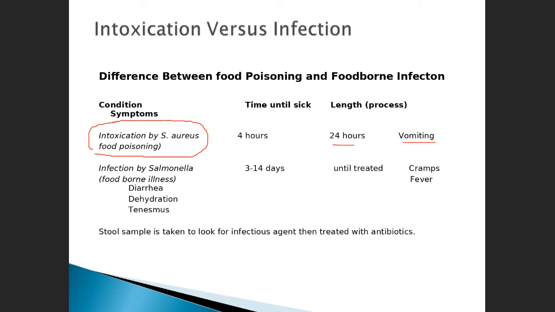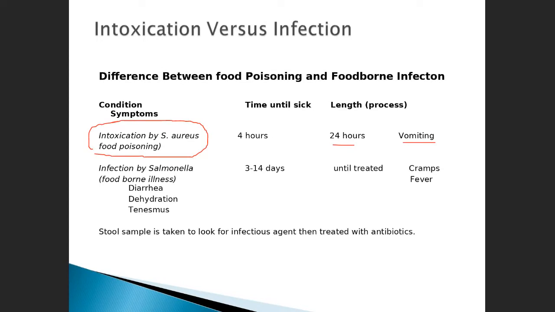Tenesmus is the urge to want to defecate, but when you go, nothing happens, right? And so those are the true symptoms of having an infection. Fever is the giveaway, right? And it lasts until you treat it, or then sometimes people become carriers, right?